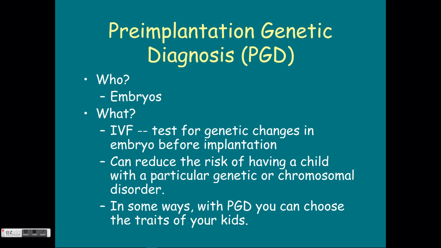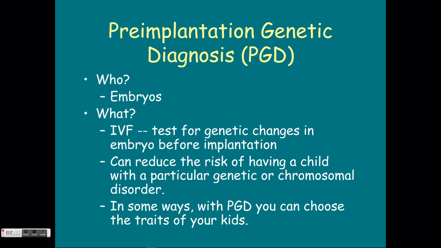So in some ways, with PGD, you can choose the traits of your kids. Not to contain things that we don't have. If you're not going to be 7'2", or at least don't have those genes, then your child is not going to be super tall either. Nor is it going to have any genes in there from things like genetic engineering. We can't make our kids glow in the dark with the GFP protein if we're using PGD.